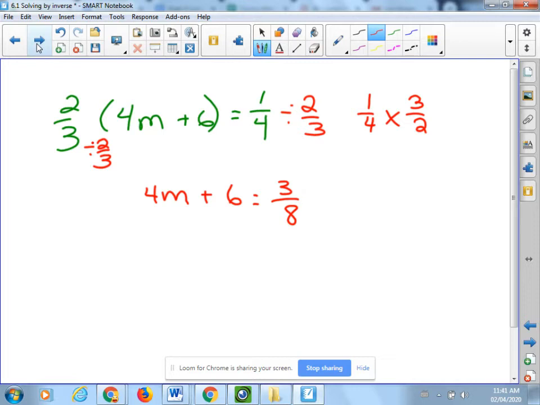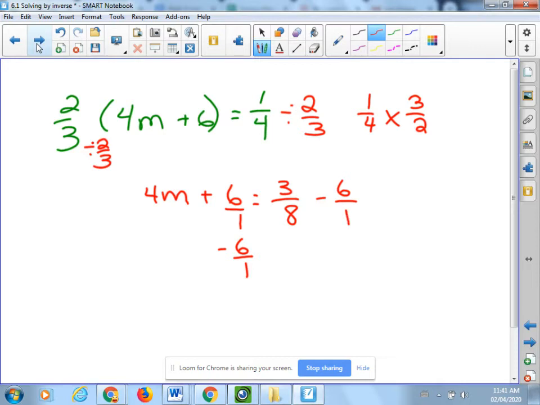Now, when we are doing a question like this, I can't have whole numbers and fractions, which means I need to convert them all to be a fraction. To change something to be a fraction, I can put it out of 1. So in this case, the opposite of adding 6 out of 1 would be to subtract 6 out of 1. And what I do to one side, I have to do to the other.